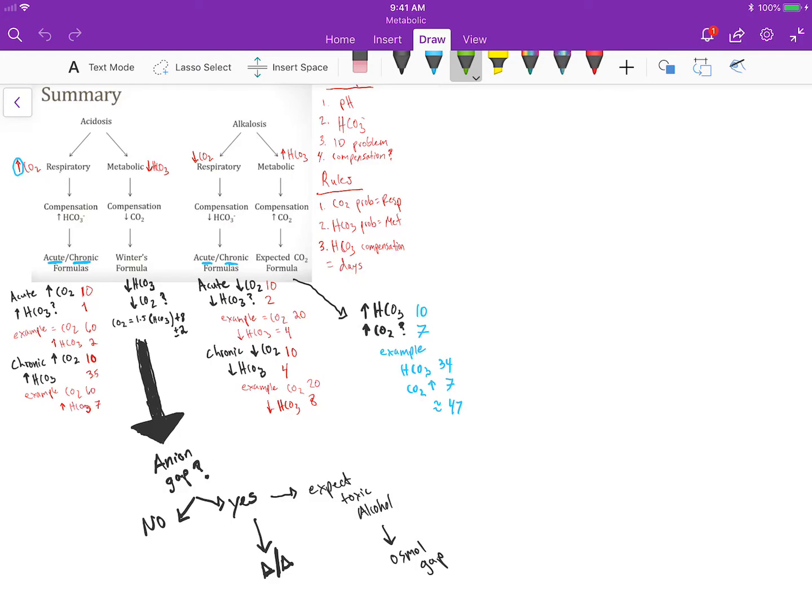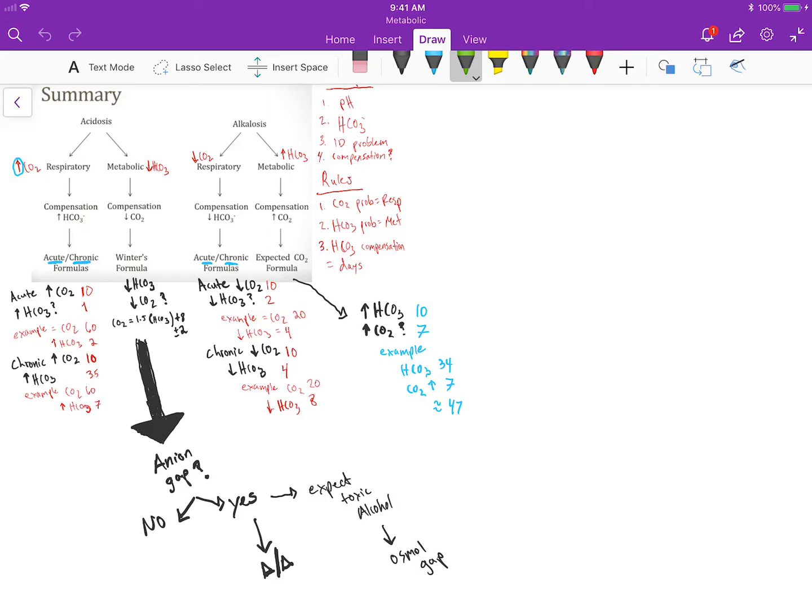I just wanted to show this summary slide of how to navigate this, because it gets a little bit murky when we're talking about metabolic acidosis and what the heck is Winter's formula and what do I do next? What are the steps? But again, I think just follow the simple basic format of identifying there's a decrease in bicarb. Who cares about Winter's formula? Let's calculate the anion gap. If there's an increase in anion gap only, that's when the delta delta formula applies.